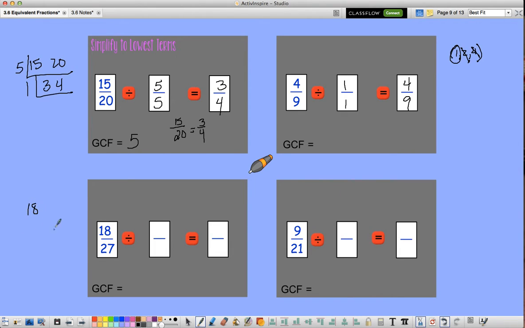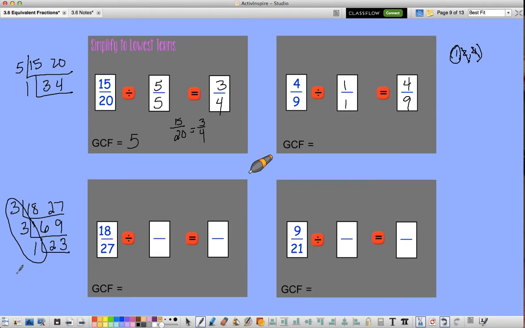18 and 27. I'm not sure, so I'm going to use the ladder method. Well, I know that both are divisible by 3. 18 divided by 3 is 6. 27 divided by 3 is 9. So I'm going to go again. Both are divisible by 3. I get 2 and 3, and that's divisible by 1.